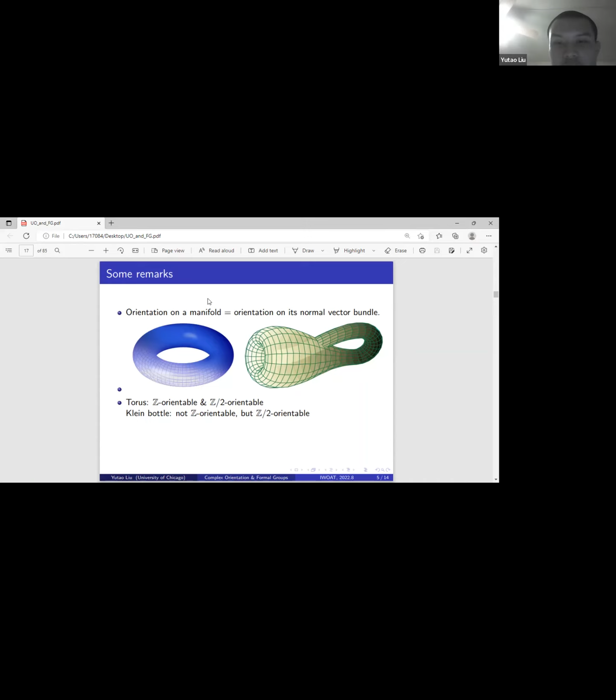Because when you choose Z/2 as the detecting theory, basically you are not distinguishing the normal vector pointing outside or inside. You are going to view these two things as the same normal vector. Moreover, the degree 2 homology of the Klein bottle with coefficient in Z/2 is the same as the torus, which is Z/2. So you can still choose an element here, which is sent to the generator of all the local homologies.